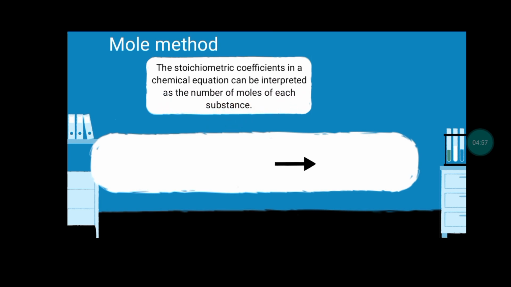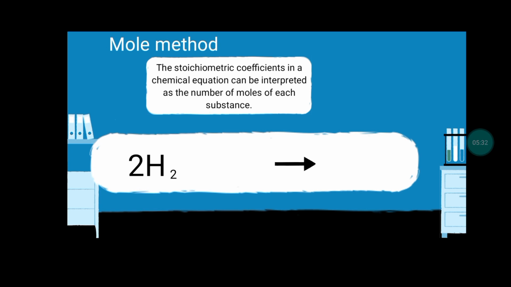So, in the mole method, the stoichiometric coefficients in a chemical equation can be interpreted as the number of moles of each substance. Let's take a look at this example, at this reaction.